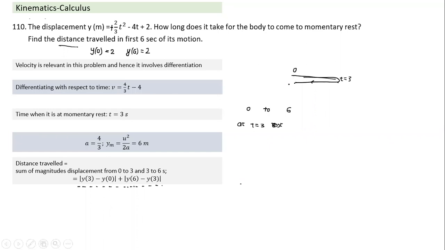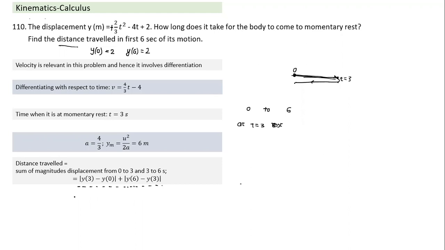Yes, yes. So what is this expression I have written here? Is this not the displacement from 0 to 3 when the equation is given in terms of y and t? What does y3 indicate? Position at 3 seconds. This is the position at 0 second. So this will indicate the displacement between 0 to 3. This is a more general way of writing the distance traveled.